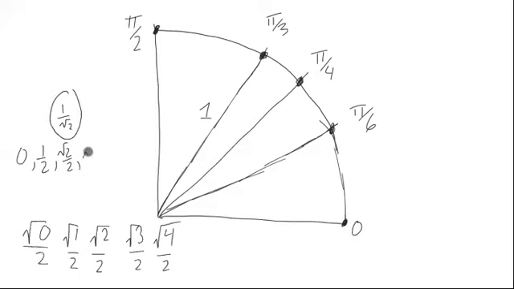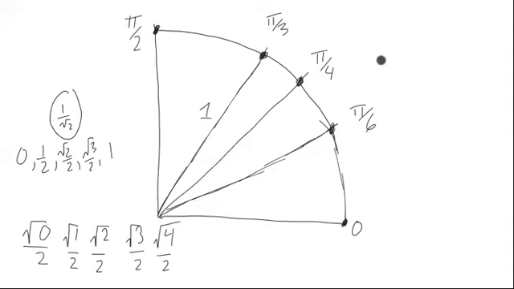Square root of 3 over 2, and simply 1. Now, the x coordinates will follow this order from here: 0, 1/2, square root of 2 over 2, square root of 3 over 2, and 1. The y coordinates followed as well: 0, 1/2, square root of 2 over 2, square root of 3 over 2, and 1.